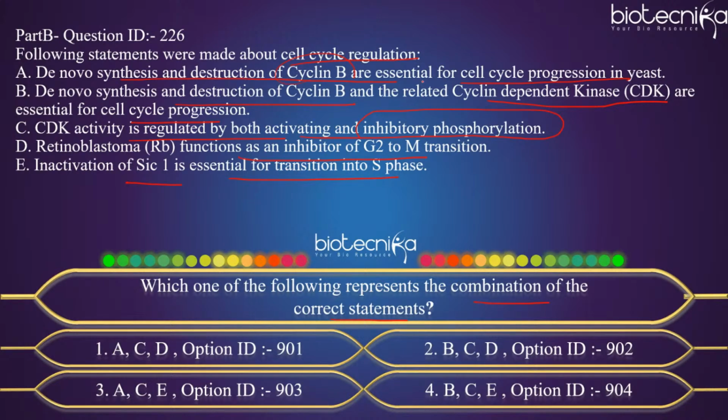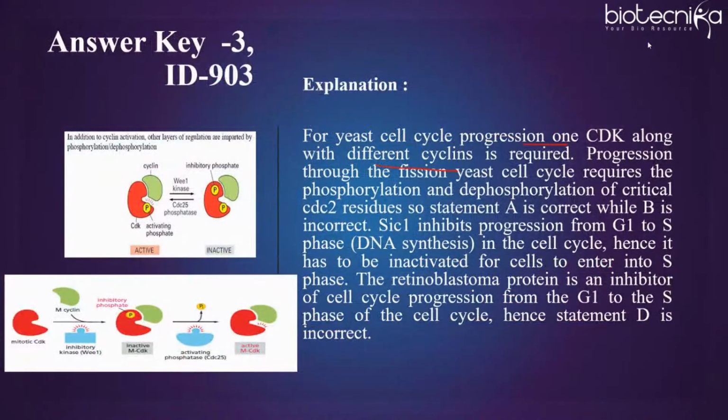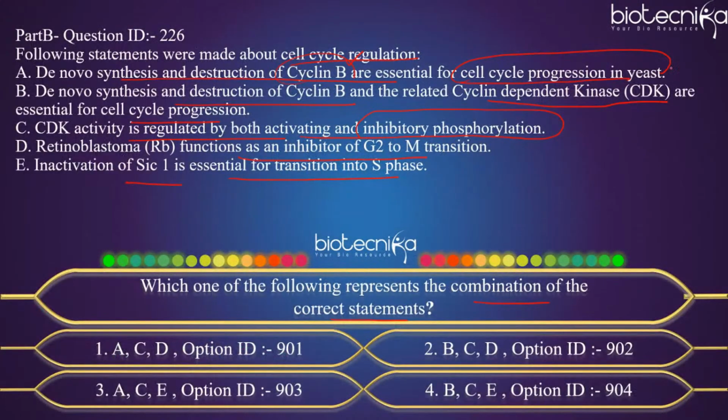Right, you have to find the correct statements. De novo synthesis and destruction of cyclin B are essential for cell cycle progression. Cyclins and CDKs are important, but there is one CDK and different cyclins, and one of those cyclins is cyclin B that is mentioned here. So option A is correct.